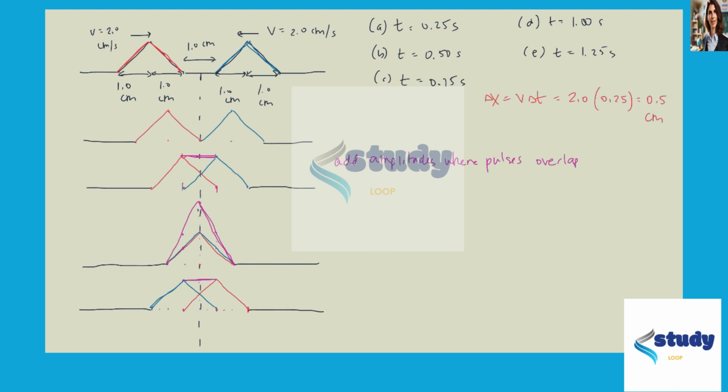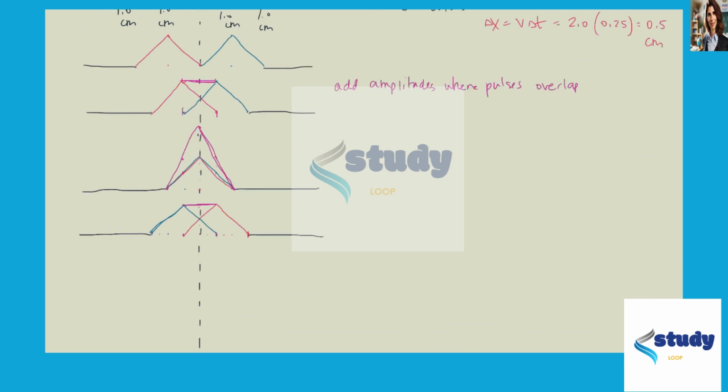And now for my final step, I'm going to have to scroll down just a tiny bit to show that my red pulse is going to have advanced 2 more. And so its tail end is now at the center.